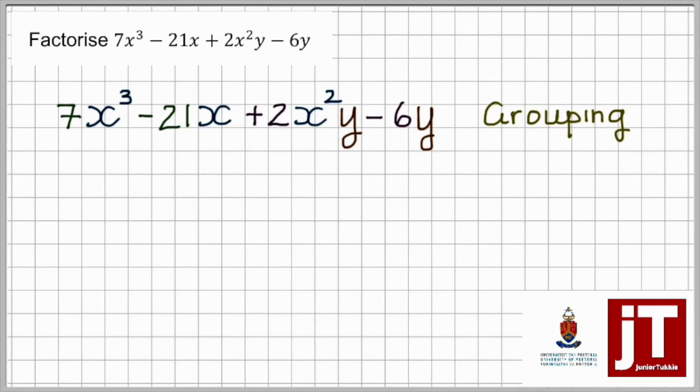Now, if you look at the first two terms, 7x to the power of 3 and negative 21x, you will realize both of the coefficients are divisible by 7. Both of the terms contain the variable x, so x is common, and therefore we most probably have a highest common factor. So we take those two terms and we write them out in a set of brackets.